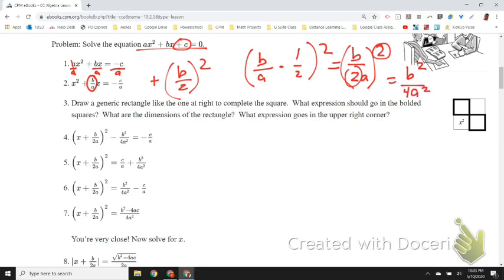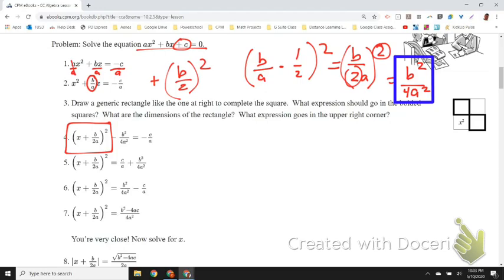So I'm going to add this right there to both sides: b squared over 4a squared. Okay, and when I add it to the left, I get a perfectly completed square. And it's a perfect square trinomial.